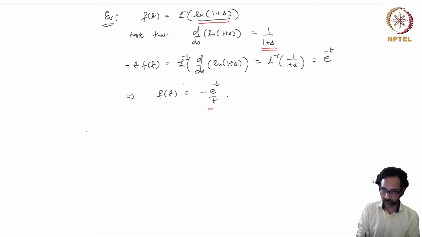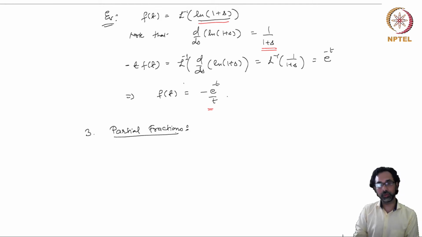The third method is the method of partial fractions. And this is one of the most widely used methods to compute the inverse Laplace transform. So here what I mean by a partial fraction is that we begin with a function F(s).